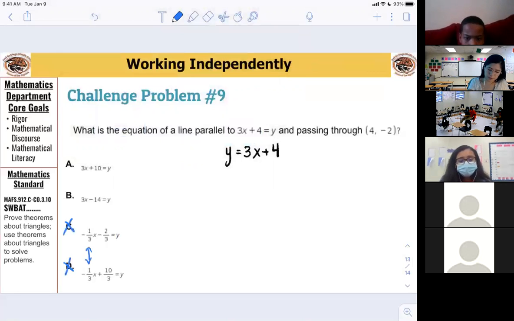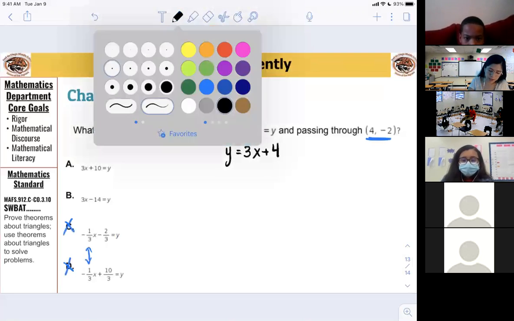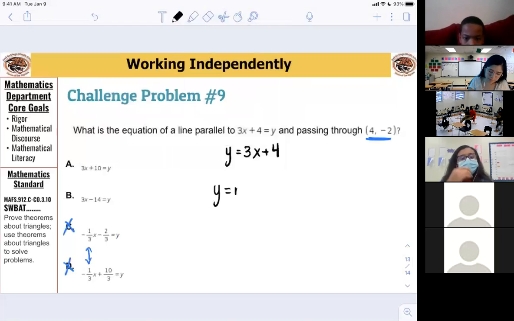And now here's my point, (4, -2). When I plug it all in, what do I plug in for y? -2. What do I plug in for m? 3. What about for x? 4.